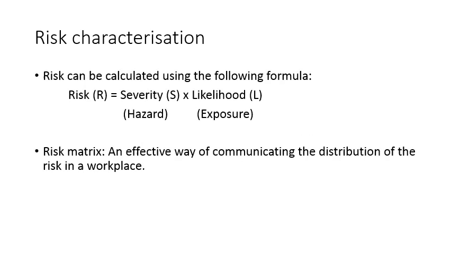For risk characterization that uses likelihood and severity in its rating, presenting the result in a risk matrix is a very effective way of communicating the distribution of the risk throughout a workplace. Risk can be calculated using the equation: risk equals hazard severity rating times likelihood of exposure rating.